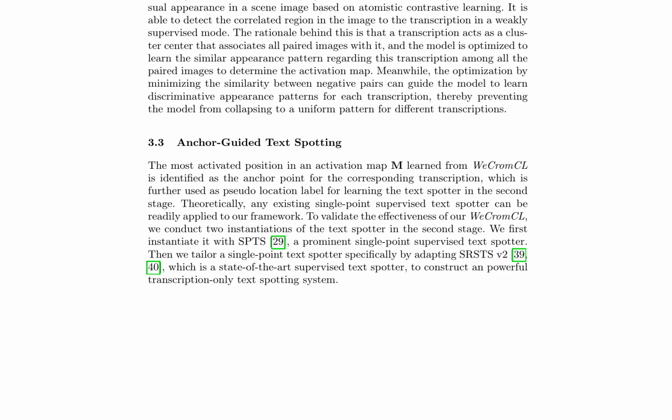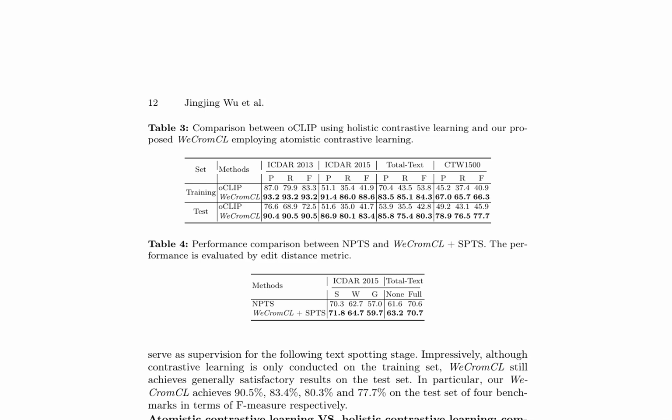Experiments on ICDAR 2013, ICDAR 2015, Total-Text, and CTW1500 benchmarks demonstrate WeCromCL's effectiveness in enhancing modeling robustness and improving text spotting performance. WeCromCL differs from holistic contrastive learning, as employed by OCLIP, by focusing on character-level correlations between a transcription and its visual representation in the image.